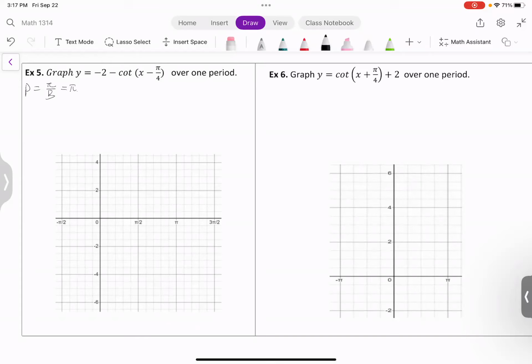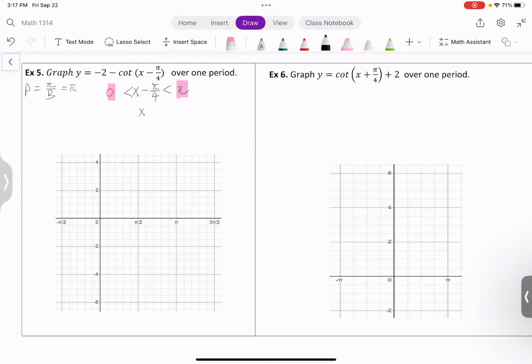And what is the new starting point and end point for one period? I put x minus pi over 4 between 0 and pi, because this is the cotangent. So the starting point is 0, the end point is pi.